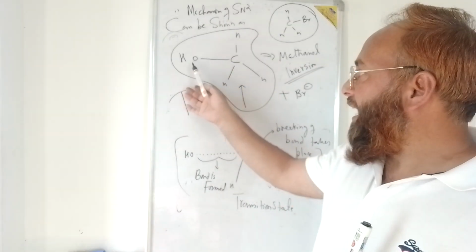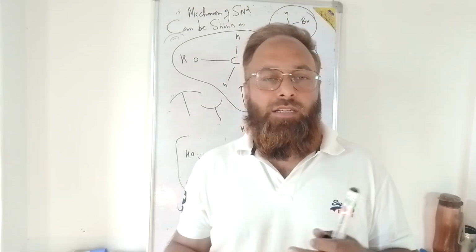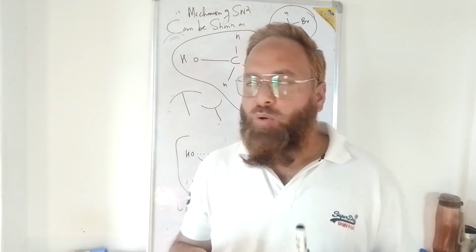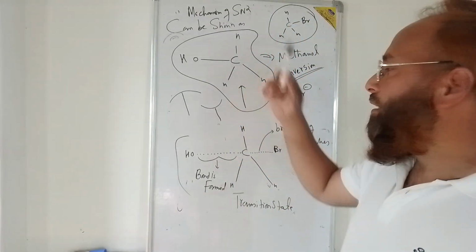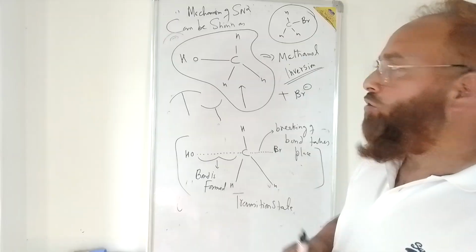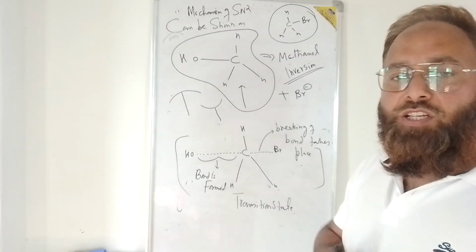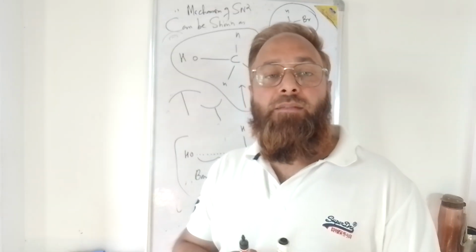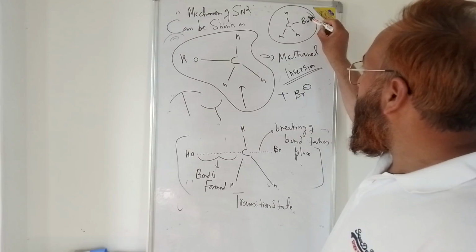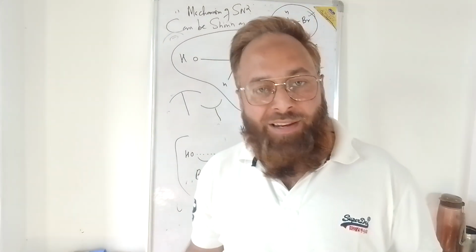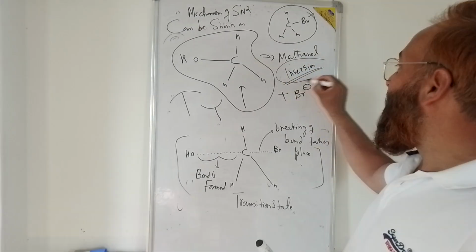During the backside attack, OH attacks on carbon temporarily first, and then the covalent bond forms slowly, and Br removes slowly, and the ultimate product is methanol. So methanol's configuration and methyl bromide's configuration is totally different. This is basically inversion of configuration, where a substrate shows one type of configuration and product shows another type of configuration.